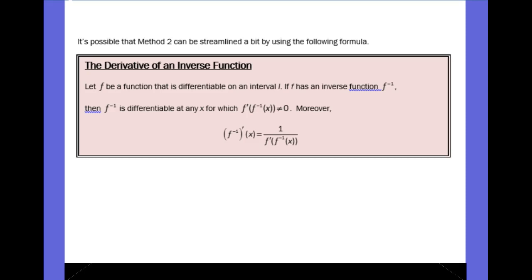So it's possible really to streamline both of these all into one. It says that f is a function that is differentiable on an interval. If f has an inverse function, then f inverse is differentiable at any x from the original, as long as it does not equal 0. So f inverse prime of x.